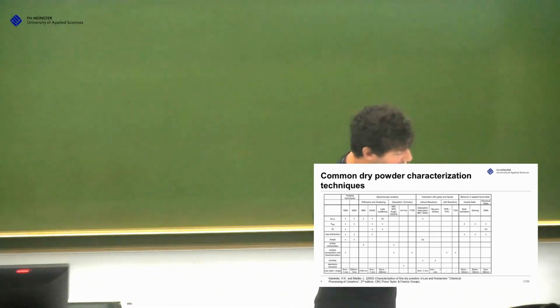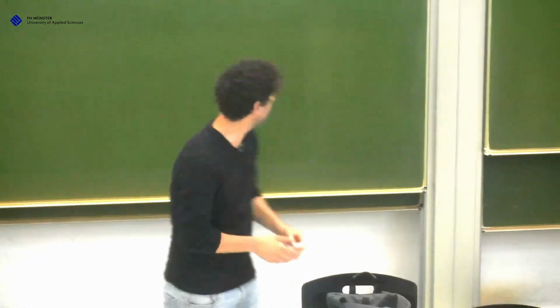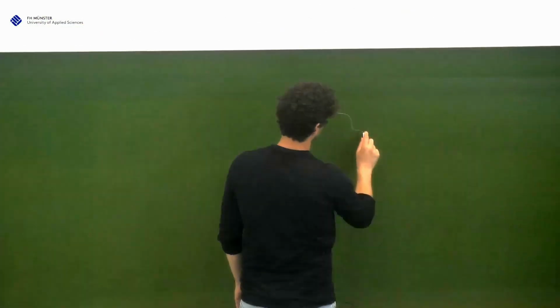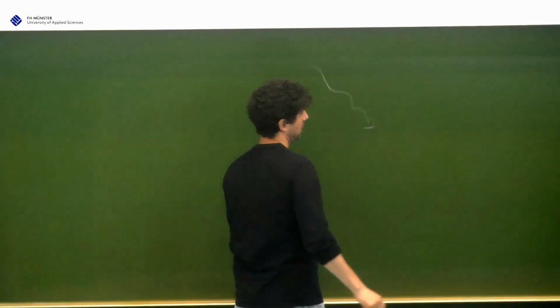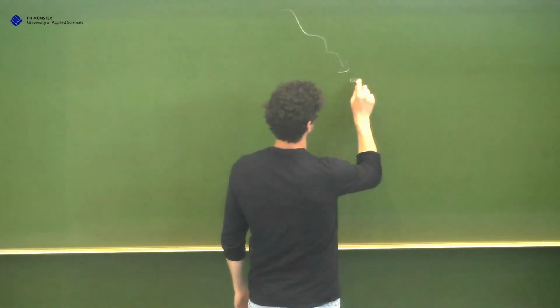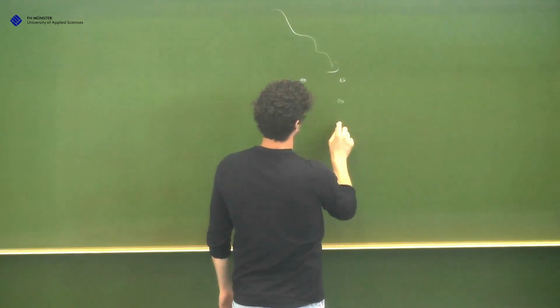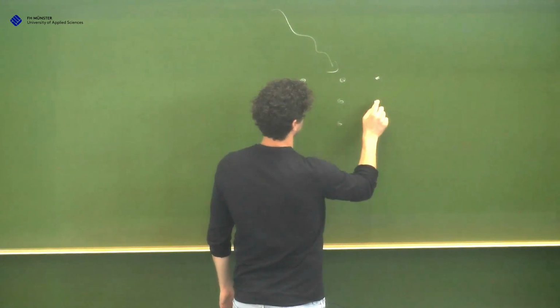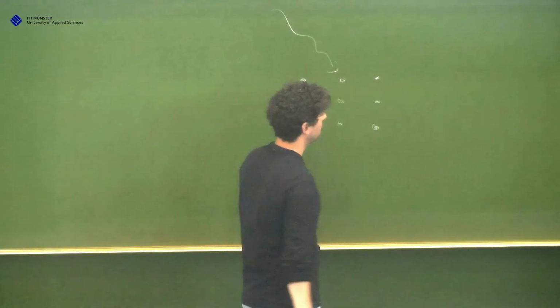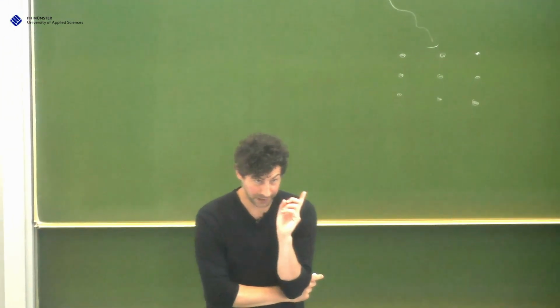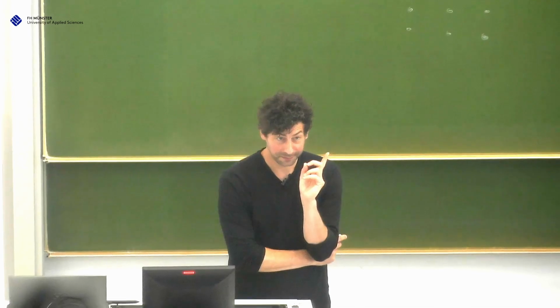So basically, the X-ray goes in. And if you have a crystal, the atoms are very ordered, right?